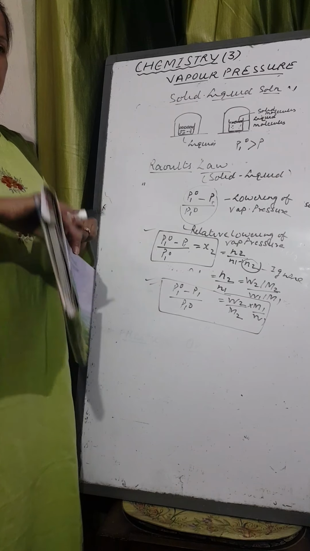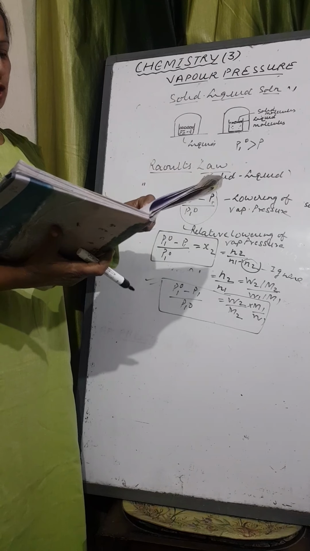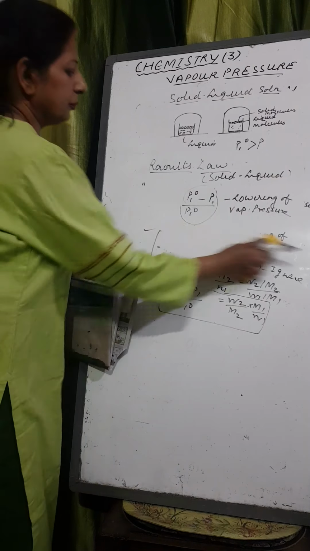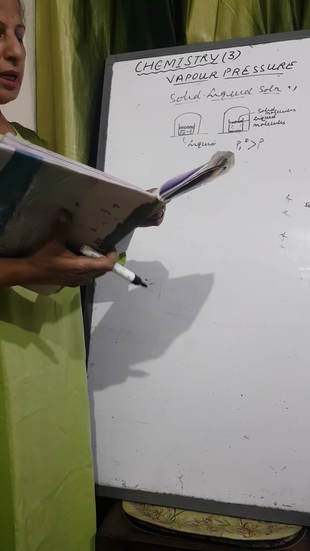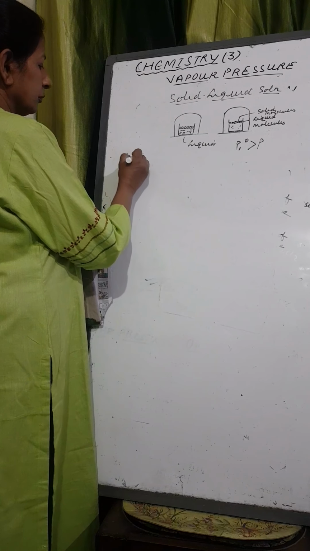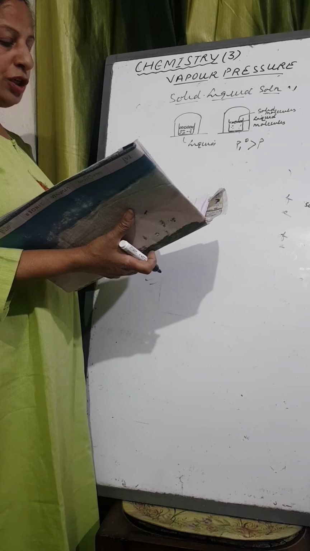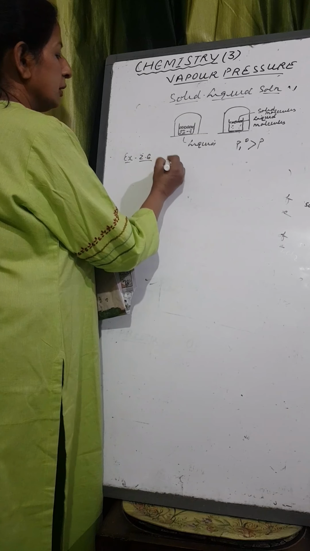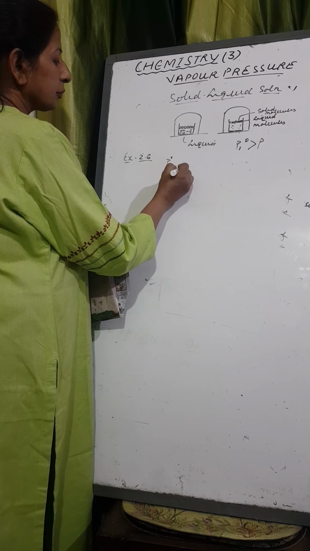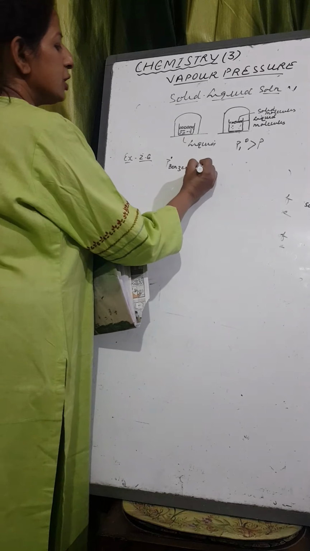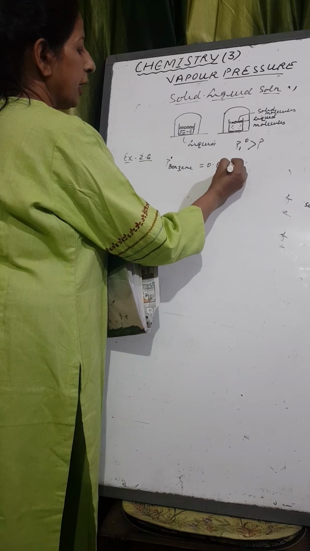Let's take one numerical to understand the application of this formula. I am taking example 2.6. The question says the vapor pressure of pure benzene, that is P naught benzene, at a certain temperature is 0.850 bar.